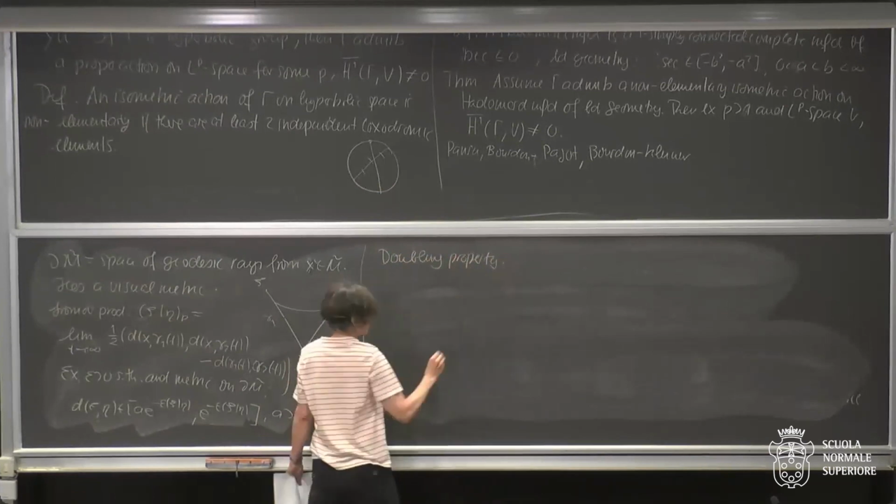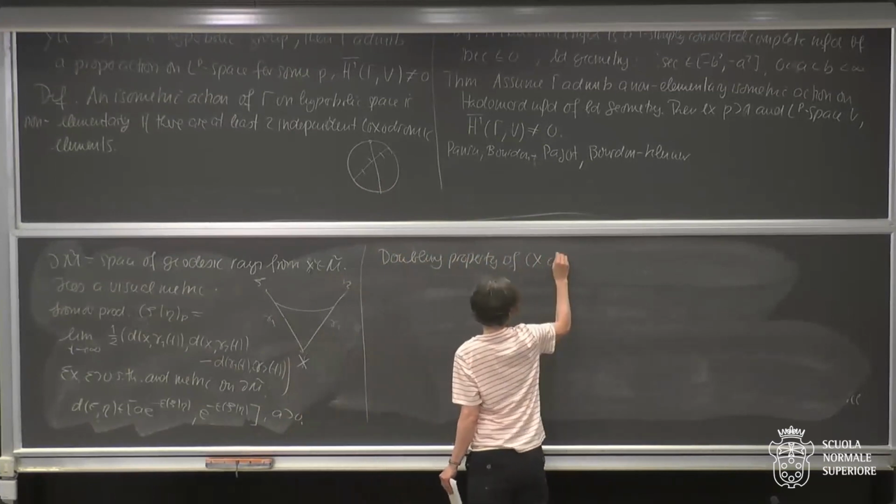So what is the doubling property of a metric space (X, d)?